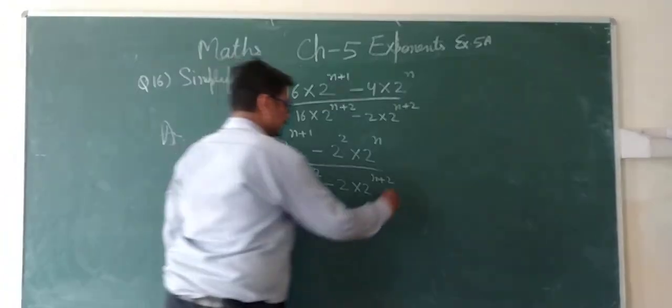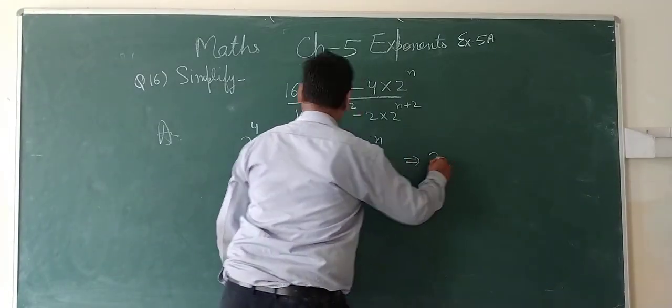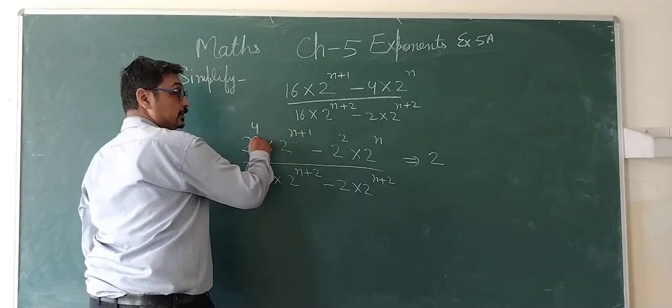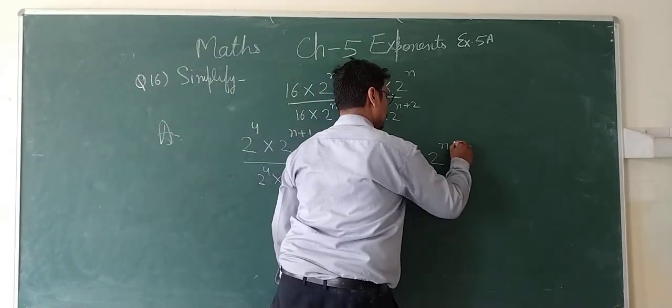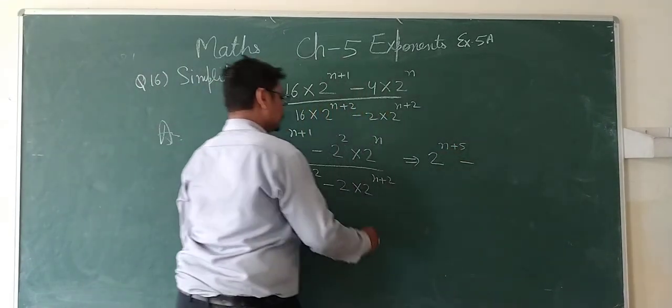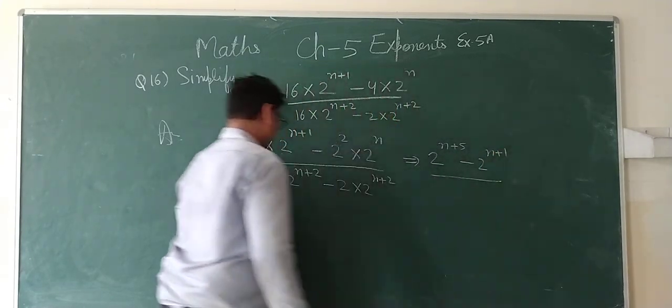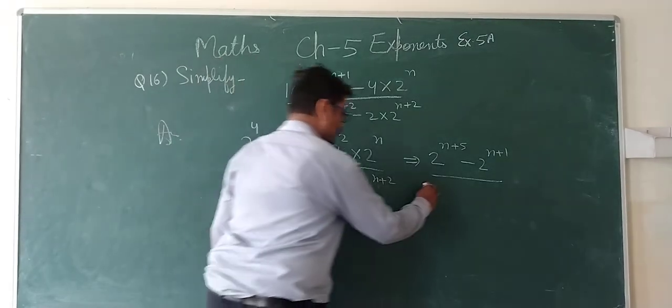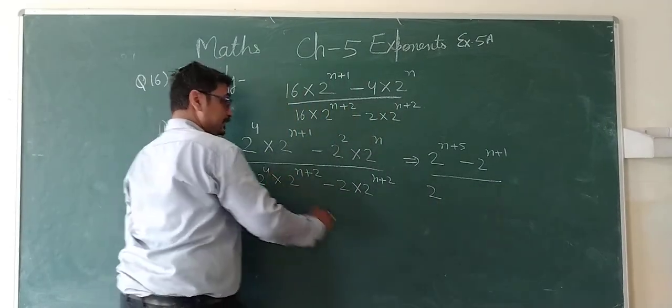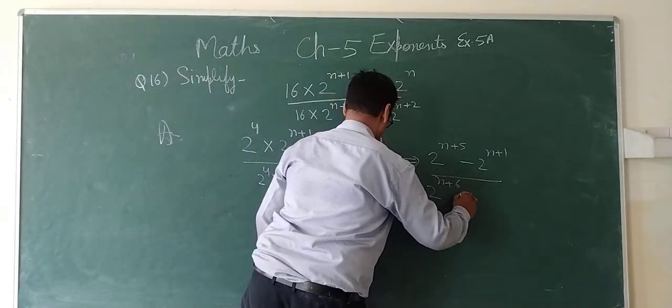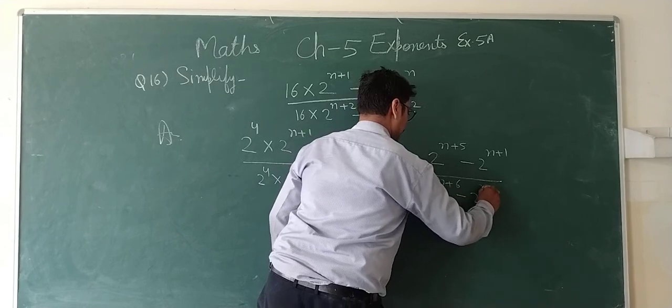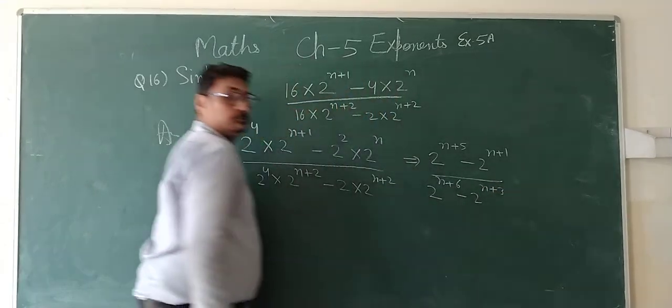This can be written as 2^(n+1+4), it is n+5, minus 2^(n+1+1)... divided by 2^(n+6) minus 2^(n+3).